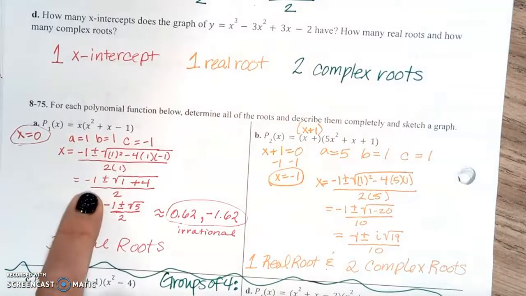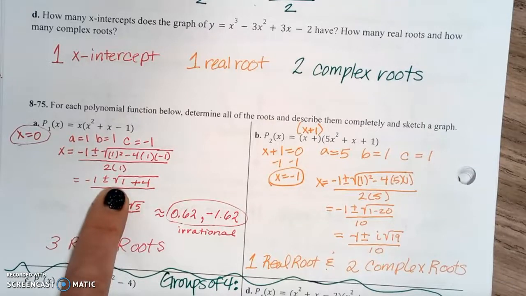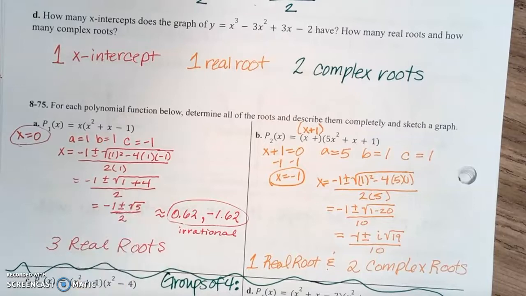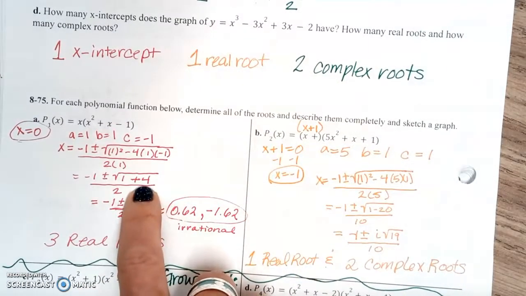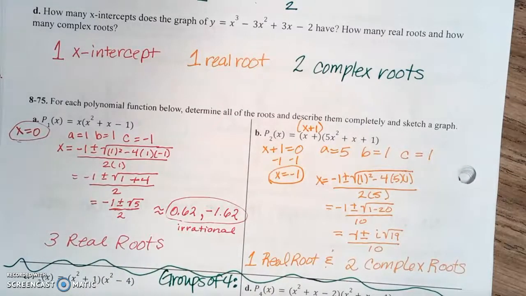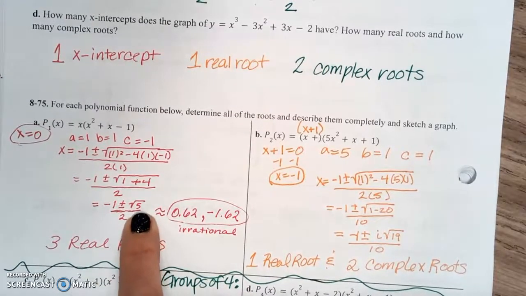We rewrite that as -1, rewrite the plus minus, rewrite the square root, and then we simplify under that radical. So 1 squared is 1. Then we have -4 times 1 times -1, which ends up being +4, all over 2. We actually end up with a positive under that radical, which means no i ends up in there.